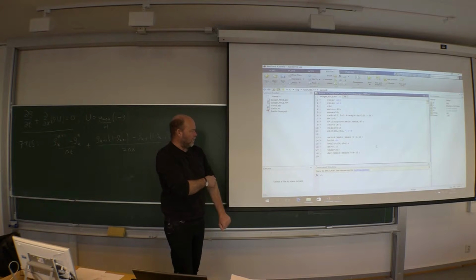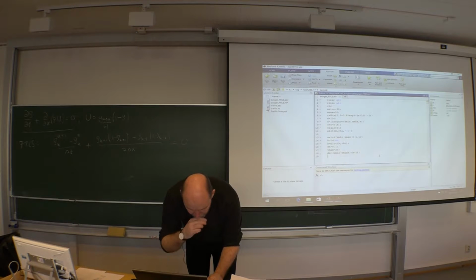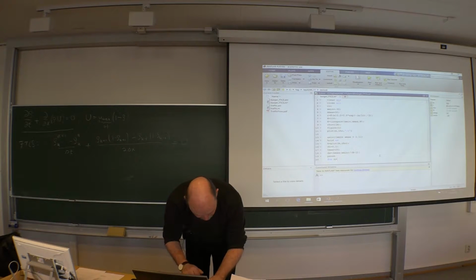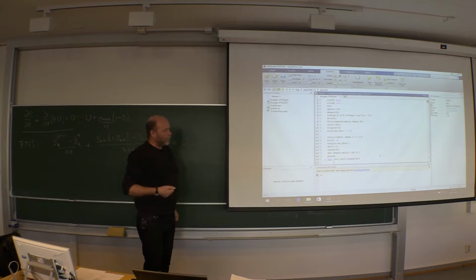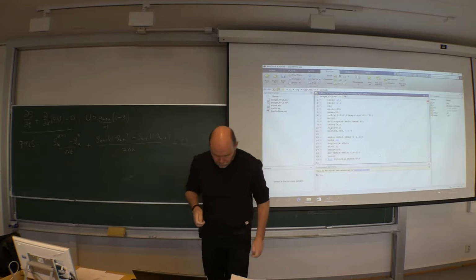So that should be my number of intervals, n minus 1. That was delta x. And then we can write a pause, and then we start for time level n equals 1, all the way up to ceiling of maximum time divided by delta t. So there we should have our outer time loop. So that one should be okay.